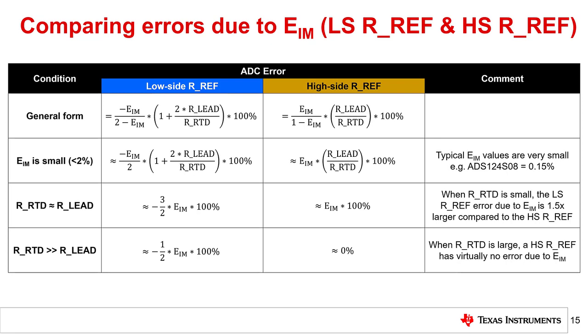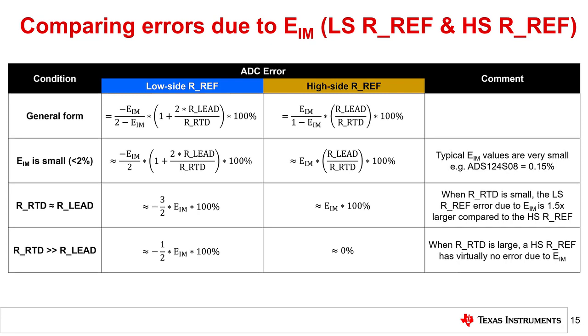Comparatively, the error for a system using a high side RREF is approximately 0. Note that these different outcomes result exclusively from the fact that both IDAC currents flow through the RREF in a low side configuration, whereas only one IDAC current flows through RREF in a high side configuration.